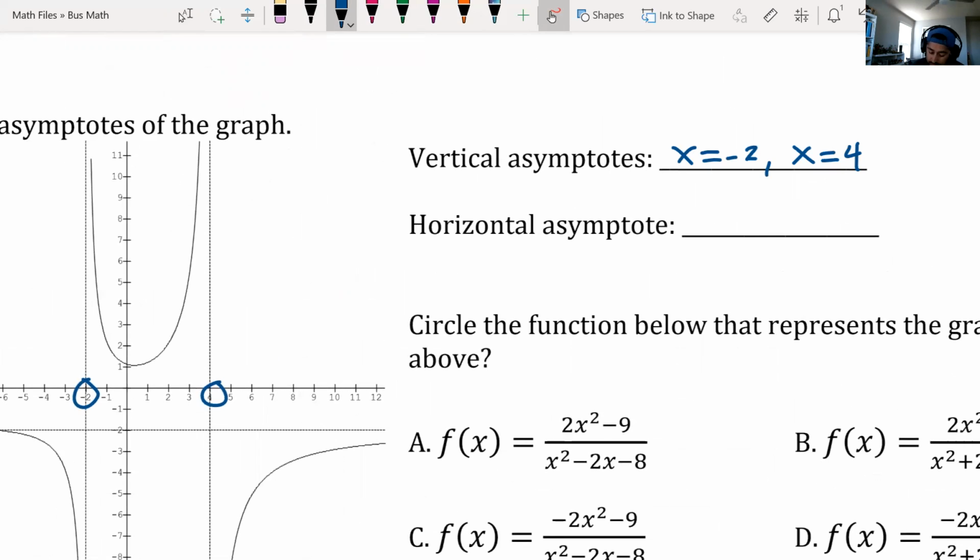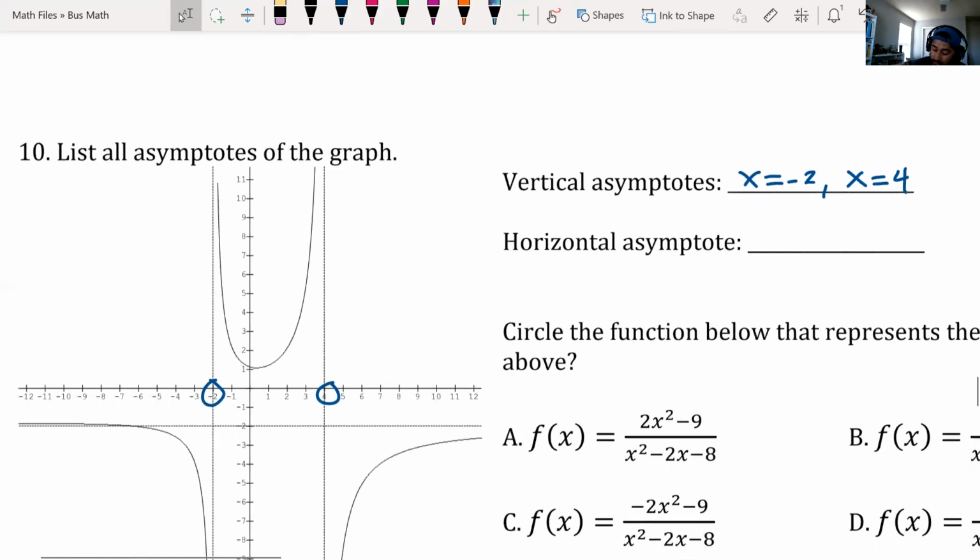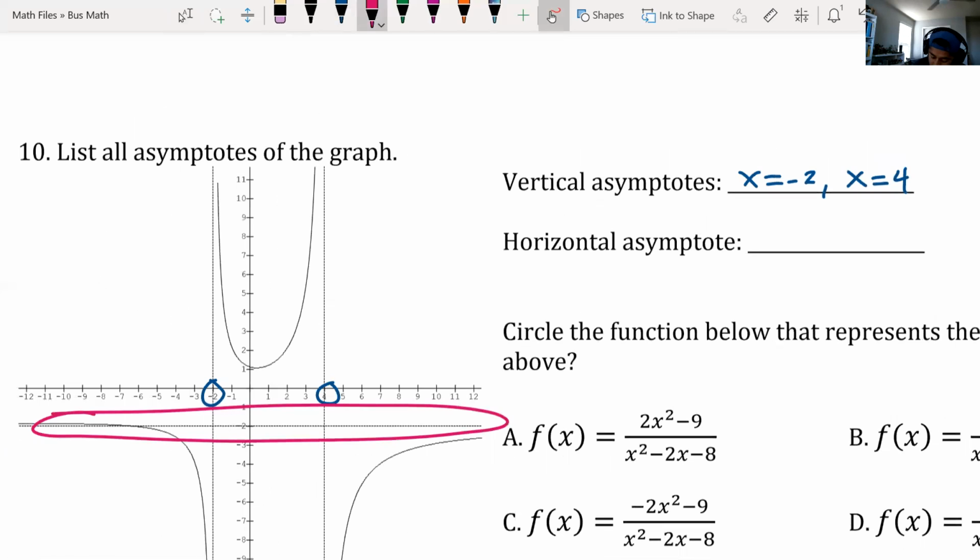Okay. And then we look for the horizontal asymptote, which means you look for a horizontal line. Well, the only horizontal line here is at the value of -2.